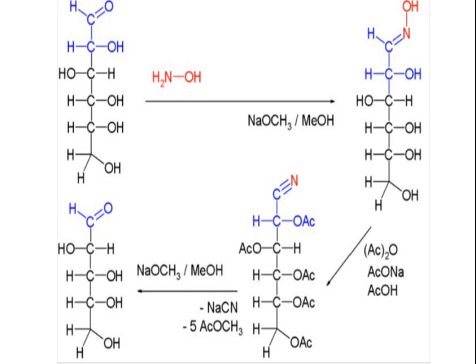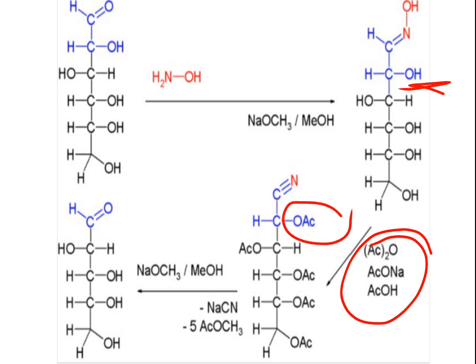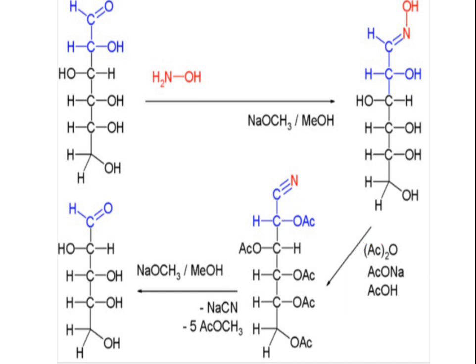And then if you treat with acetic anhydride in sodium acetate and acetic acid mixture, then you will get OAc here. This OH will be converted into OAc, and this C=NOH will be converted into CN. Then treat it with sodium methoxide in methanol, then you will get an aldehyde.